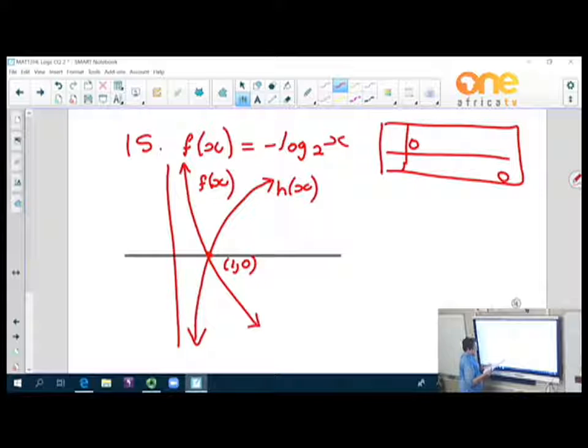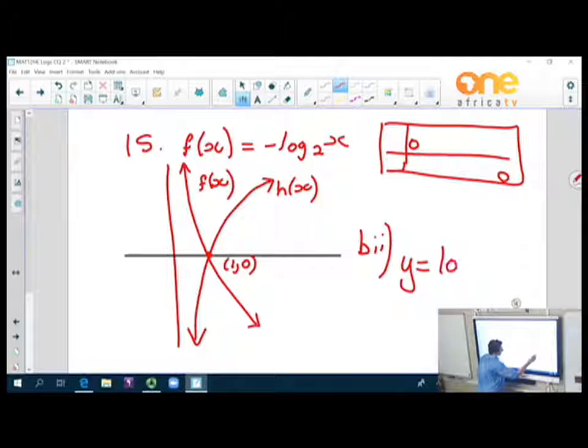And then they say express this one. So at B2, we have now to give the equation of this one. So y is equal to, now, if you reflect it in the x-axis, then the sign there will change. So it's going to be log base 2 of x. If it's a reflection in the x-axis, that sign there changes.